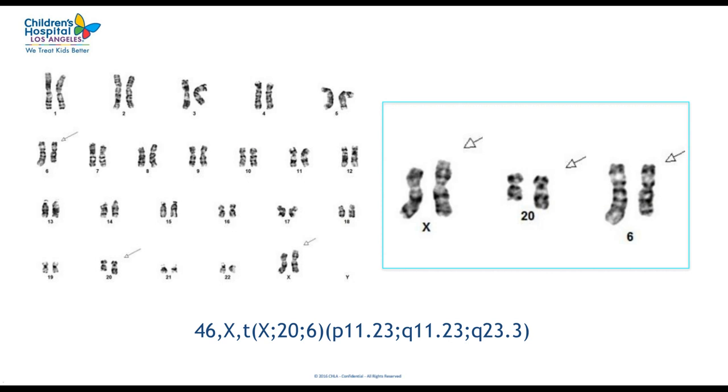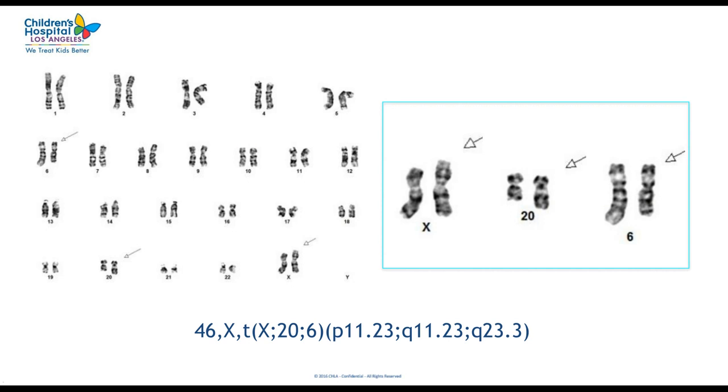And XP material is on the long arm of chromosome 20, and 20Q material is on the long arm of chromosome 6. So now we understand why the banding pattern didn't quite fit for us initially, but we were not able, without knowing what to look for, to accurately characterize this rearrangement.